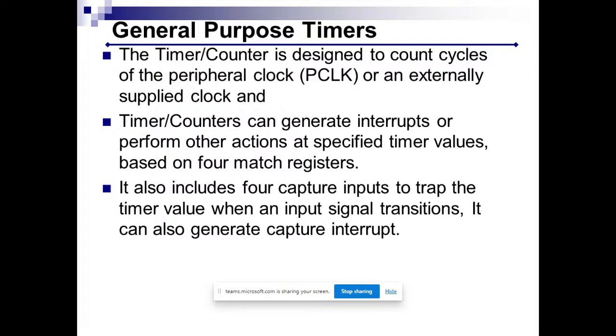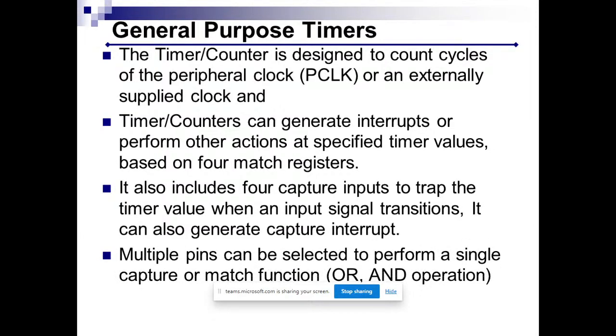Whenever the timer value reaches that level, an interrupt is automatically generated. That is known as a capture interrupt. Multiple pins can be selected to perform a single capture or match function. That means you can use OR, AND, etc. logical operations if you want to use multiple pins.